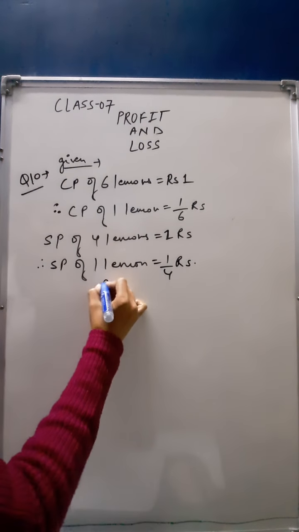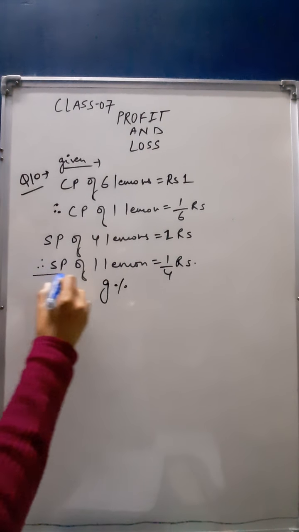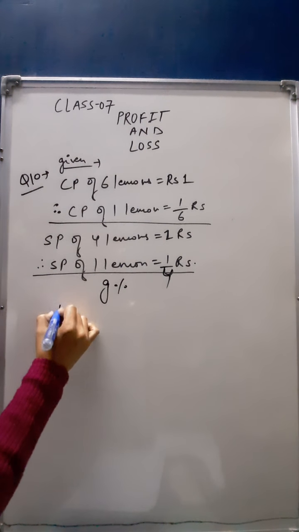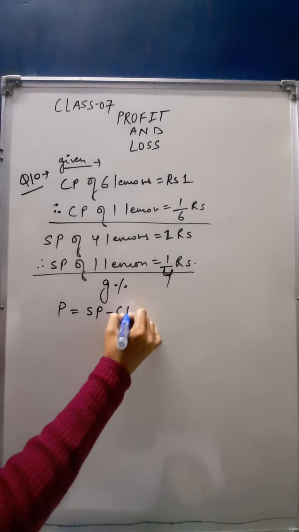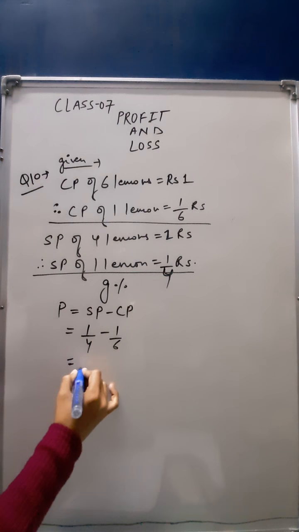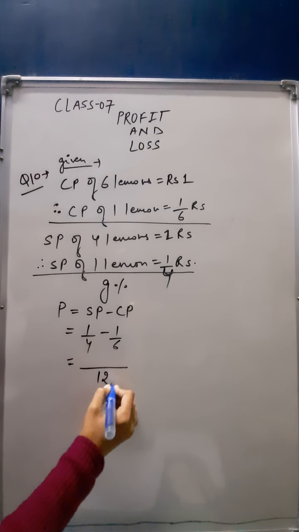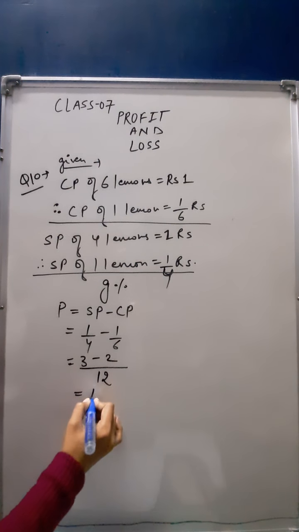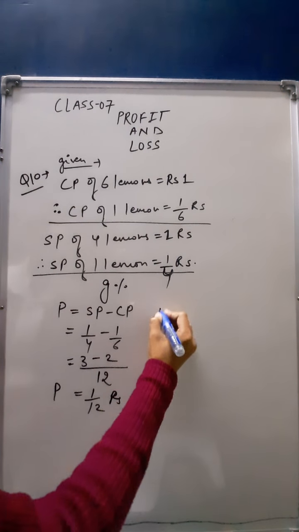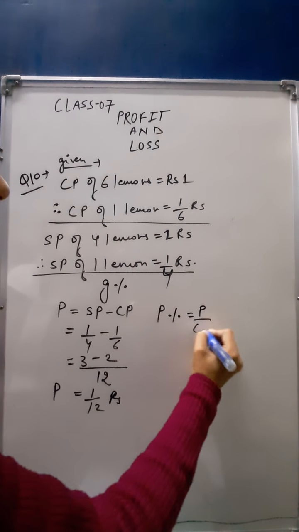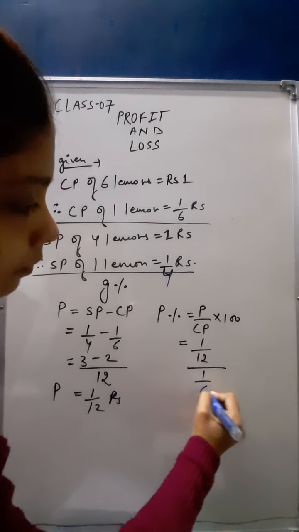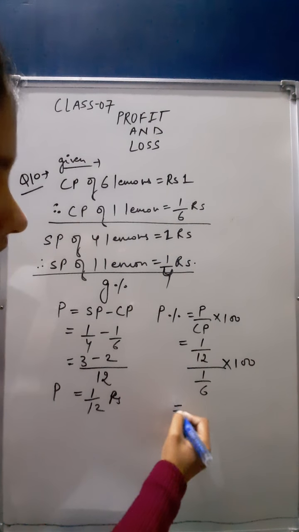The question asks you to calculate the gain percent. Now that we know the selling price of 1 lemon is 1/4 rupees and the cost price of 1 lemon is 1/6 rupees, we can calculate the profit. Selling price minus cost price, 1/4 minus 1/6. This is your profit, 1/12 rupees. Now you can easily calculate the profit percent: profit upon cost price into 100. 1/12 is your profit, cost price is 1/6, multiplied by 100.